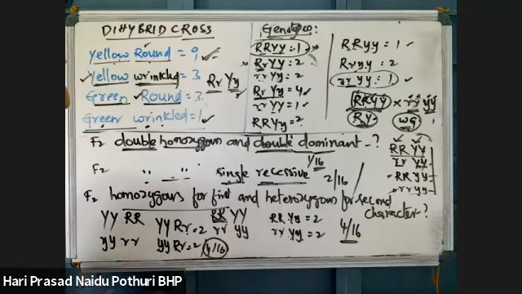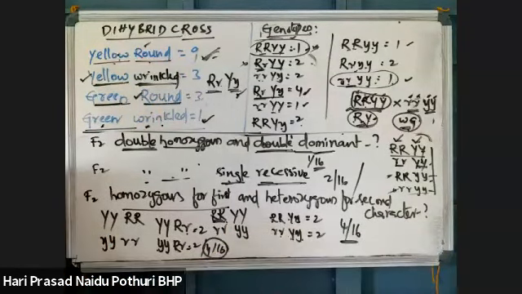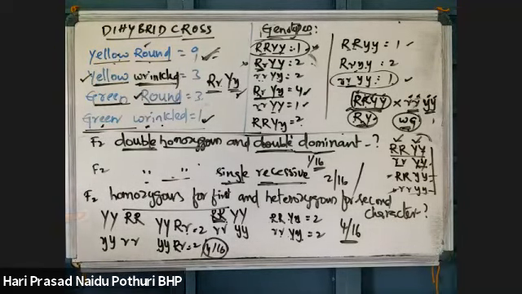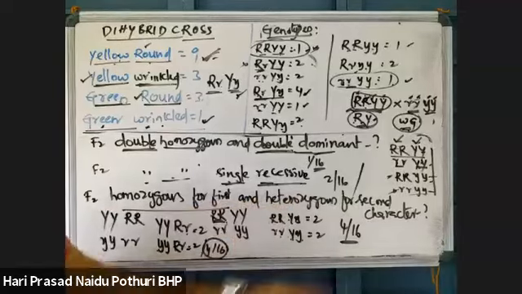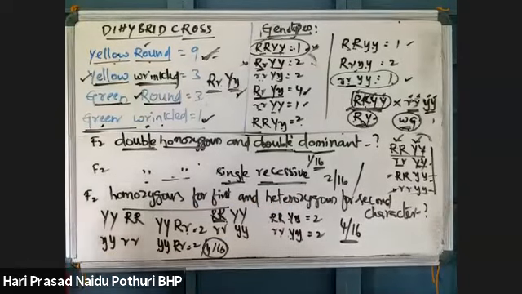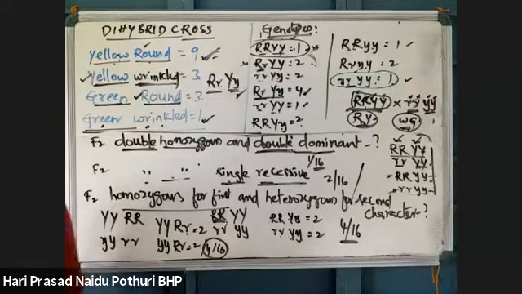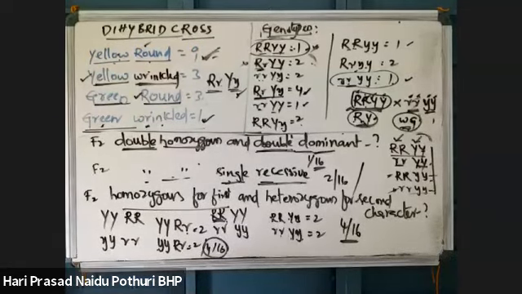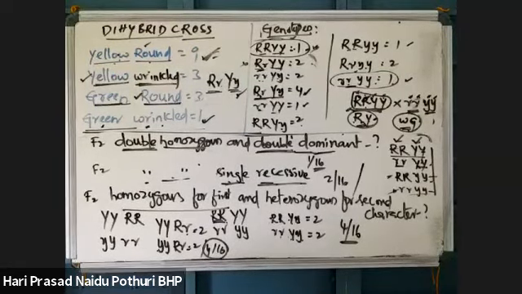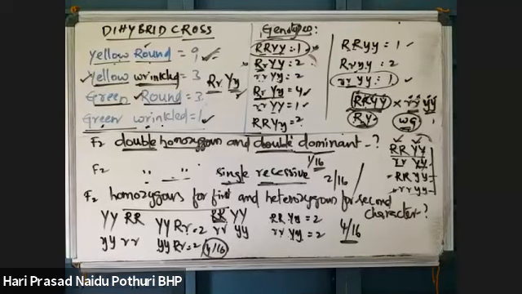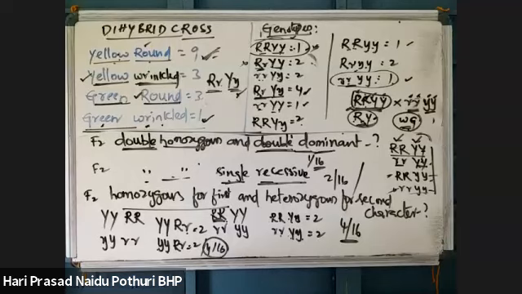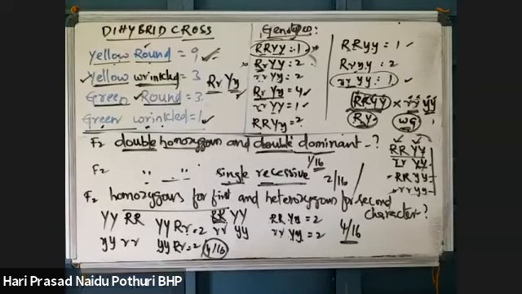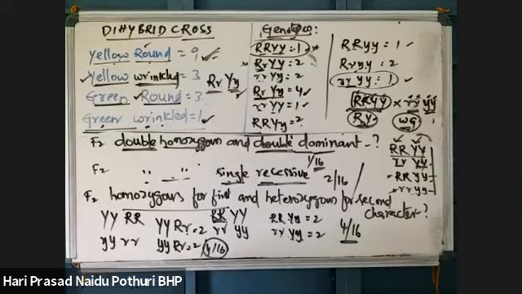Whatever the gene you take, you can take R or Y first. For first gene it is dominant, homozygous. For second gene it is heterozygous means 4 by 16 will come. This is one type of question. Some more models are there. One second, I will take some more models.